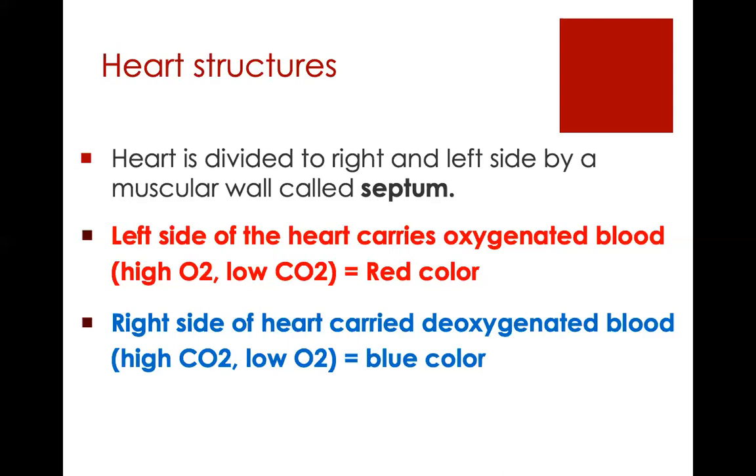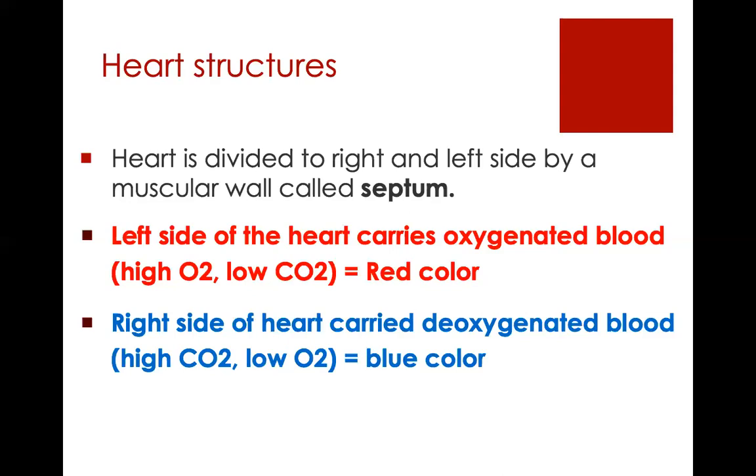Now, your heart separates the parts that carry oxygenated blood from the parts that carry deoxygenated blood. The structure that separates these two types of blood, and I put the word type in quotes because they're not necessarily two different types, it's just the amount of gases in them, is a muscular layer of separation called a septum. So here is a key point.